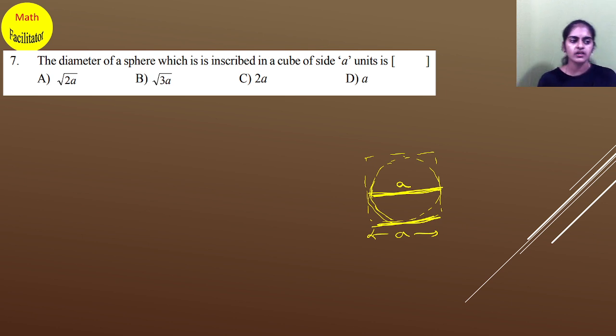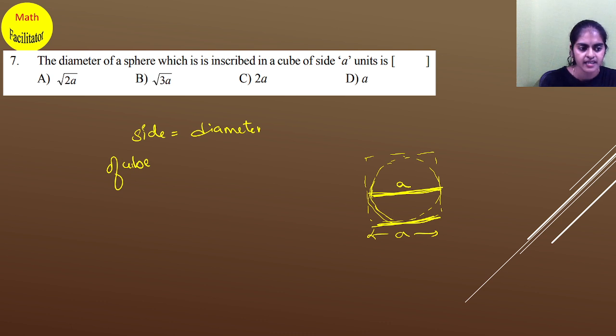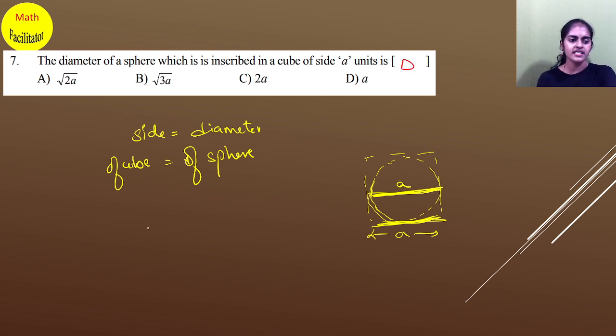So it is also equal to A. They are asking the diameter of a sphere which is inscribed in a cube of side A. Side of a cube is actually equal to the diameter of the sphere. From the figure you can see, side of this cube is equal to the diameter of the sphere. So I can say that the answer is A. It is also A units. Okay, now what is radius?